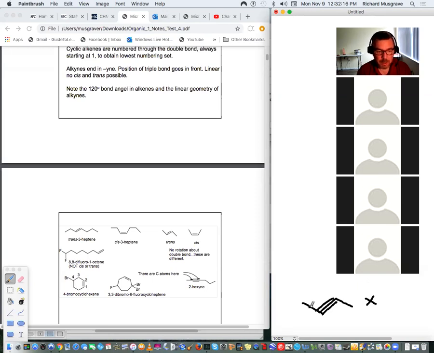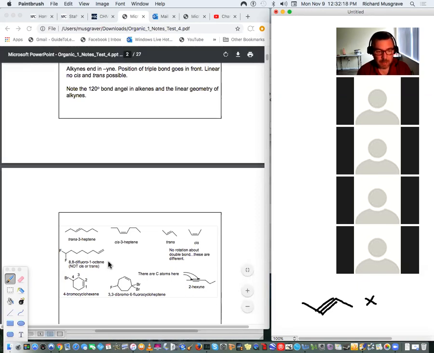When we're naming alkenes, the double bond will always take precedence in the name. We've already done a bit of naming of double bond compounds when we were looking at the naming of epoxides. So this one here, we've got 1, 2, 3. That's going to be a heptene because there are 7 carbons, but it's trans-3-heptene because the double bond is off the 3rd carbon.